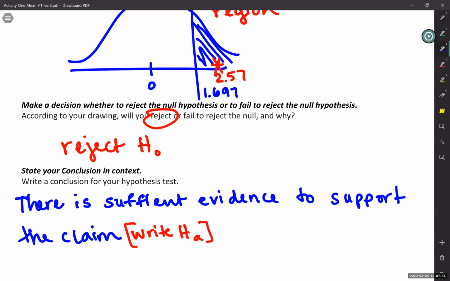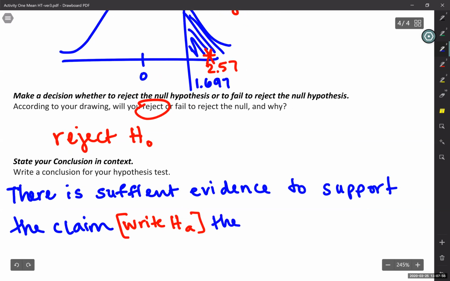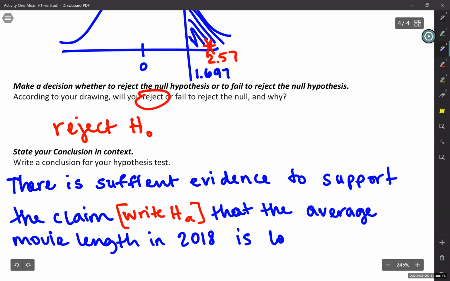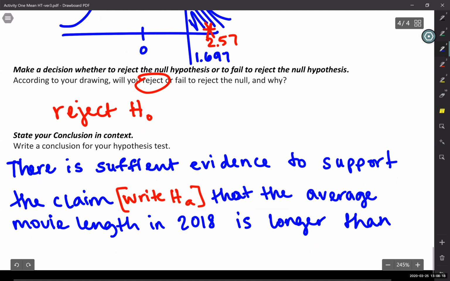And our claim was that the average movie length in 2018 is longer than 86 minutes.